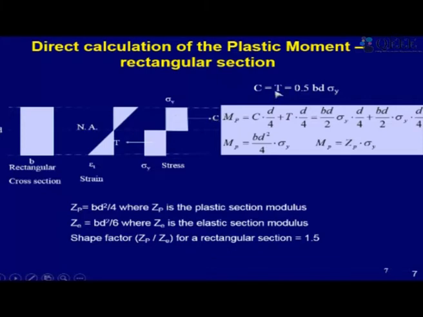So T is also the same, which actually means that this axis, which is called the plastic neutral axis, has to divide this cross section into two equal parts. Actually if the section was unsymmetrical, then we have area in compression times Fy should be equal to area in tension times Fy. Since Fy gets cancelled, area in compression has to be equal to area in tension.